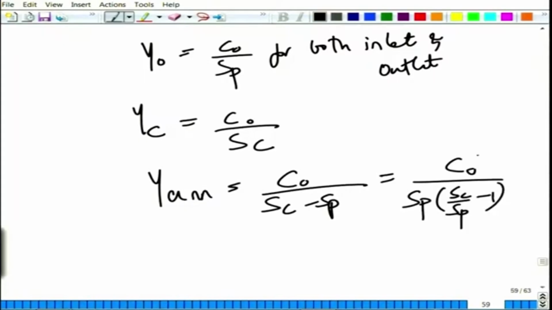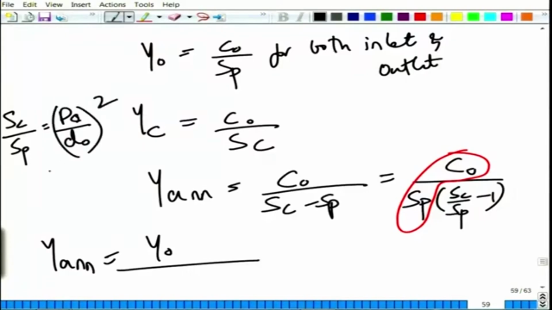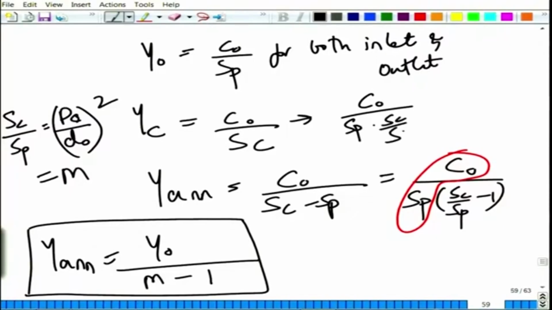Now, again recall C naught by Sp is nothing but your y naught, and Sc by Sp is the square of the ratio of the chamber diameter D naught to the small d naught. Remember we are calling this m. So, this becomes m minus 1 for this thing, right. And is there any way that we can possibly express the chamber's impedance? So, this becomes C naught by Sp into Sc by Sp.